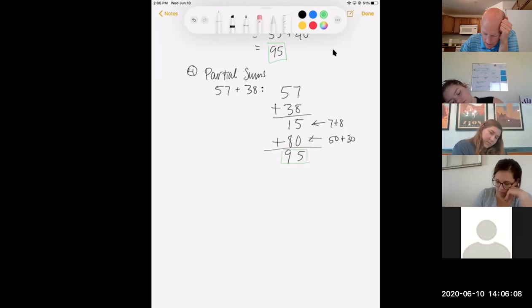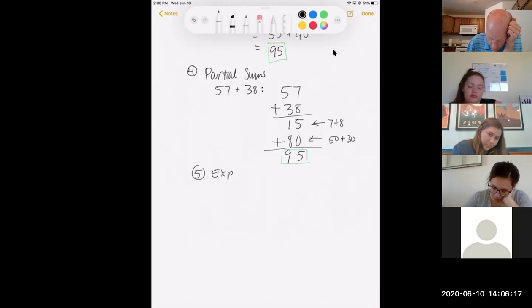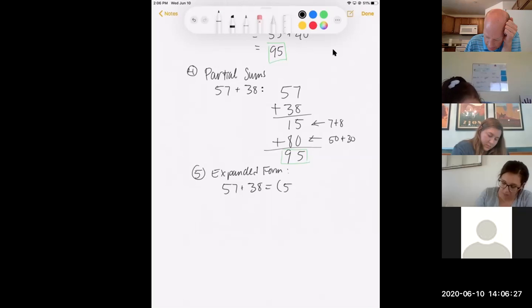Okay. That's partial sums. And the last one is called expanded form, which you guys have seen before. I expand my 57 into the tens, 5 tens and 7 ones, plus 30 is 3 tens and 8 ones.